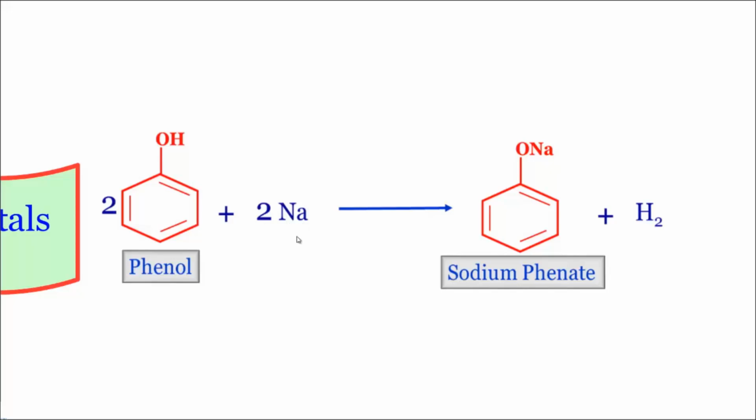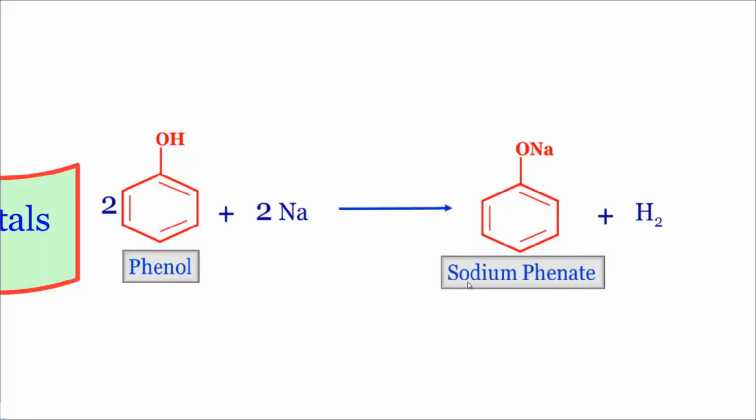Now what happens? We have understood that these are the reactions with respect to the cleavage of the OH bond. So this OH bond from both the phenols will undergo cleavage. Both the H plus which are coming out will get converted into dihydrogen gas. So H2 gas is released and Na will take up the place of H and it becomes sodium phenate.